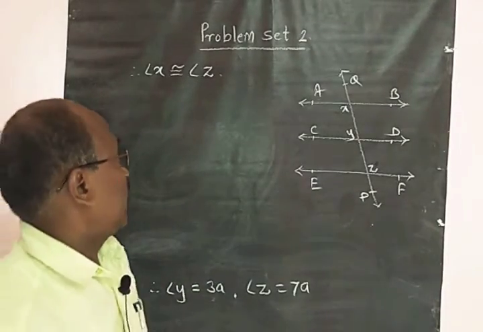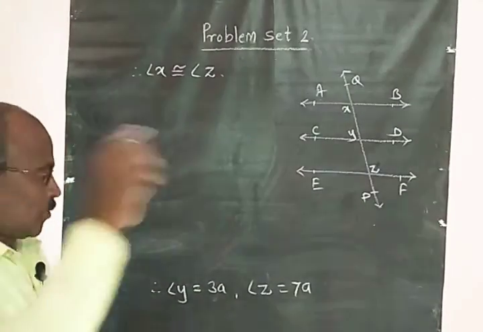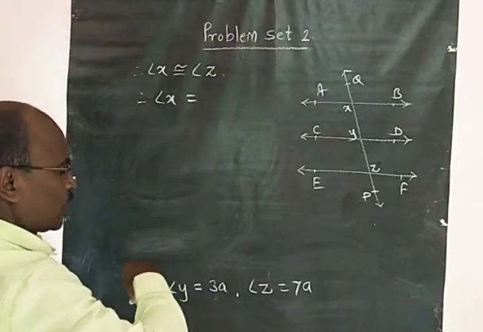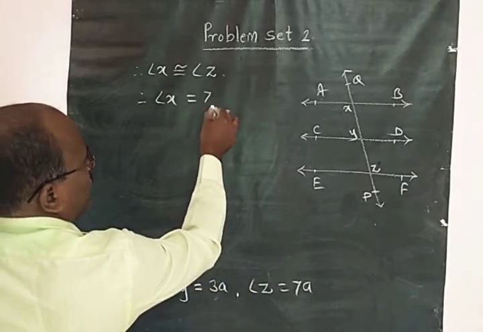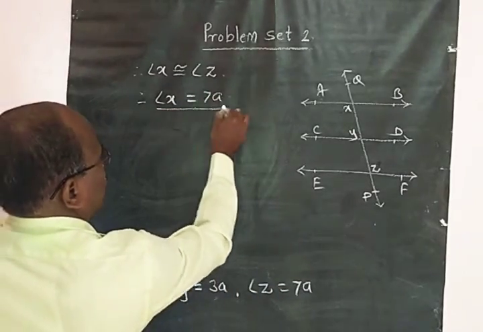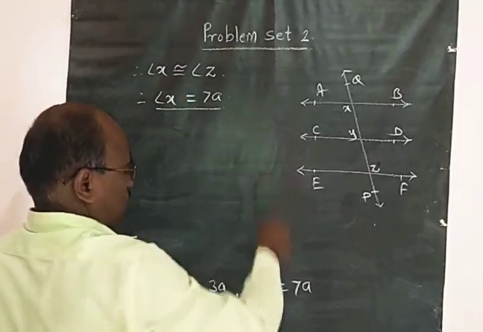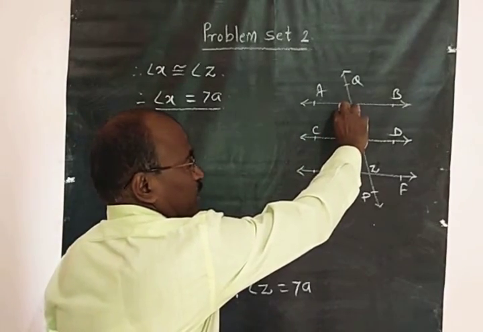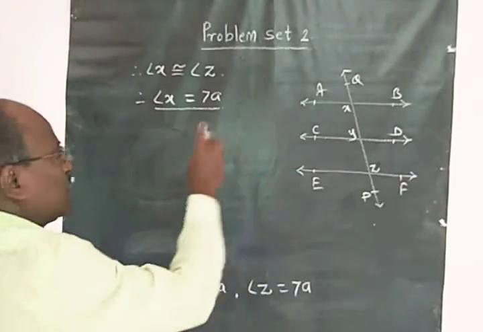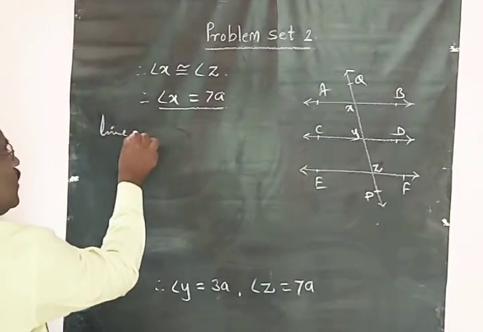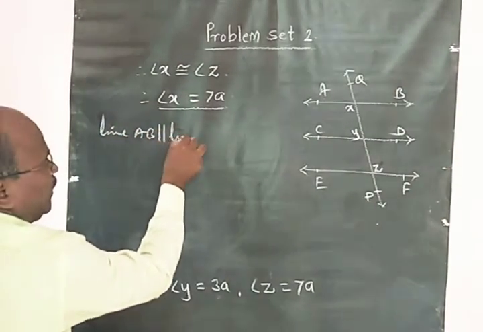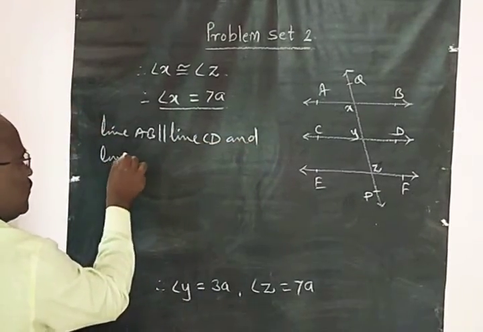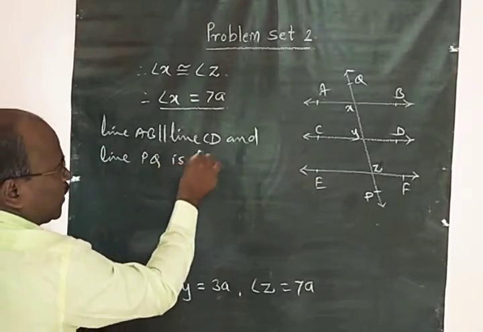Now see here, angle X is congruent to angle Z, and angle Z is 7a, therefore angle X is also 7a. Now take the sum of these two angles. Line AB is parallel to line CD and line PQ is a transversal.